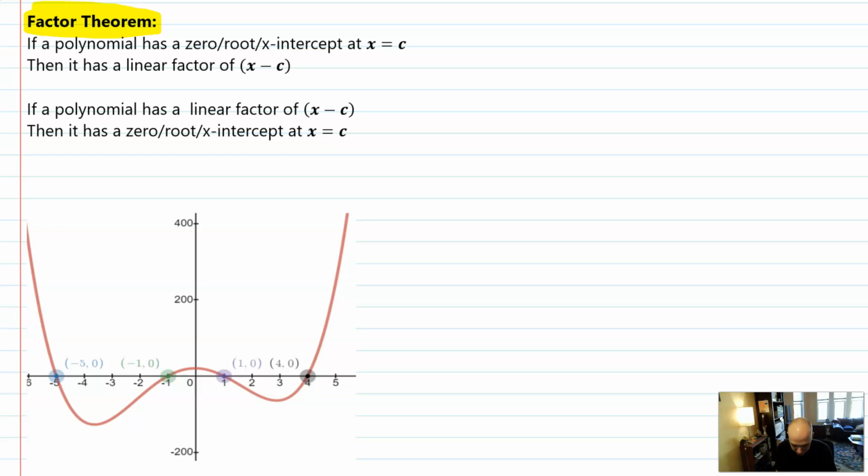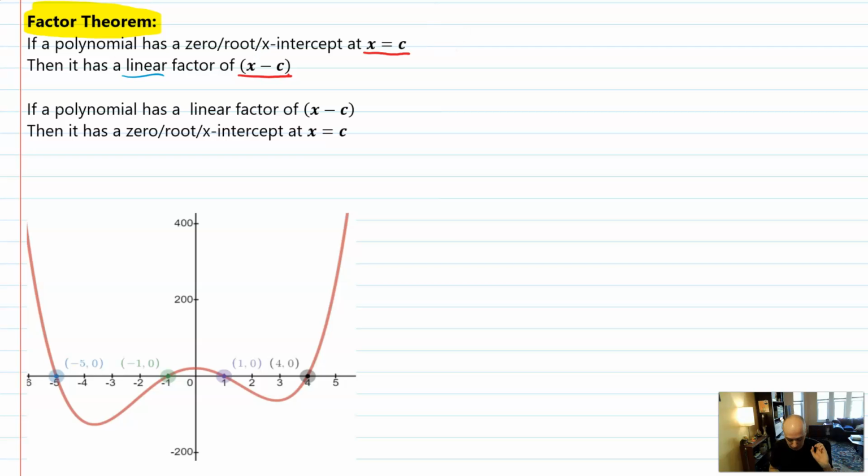If a polynomial has a 0, root, or x-intercept, kind of interchangeable terms, at x equals c, then the polynomial is guaranteed to have a linear factor of x minus c in its equation. By the way, linear factor just means degree 1, right? So it's x to the first minus c.